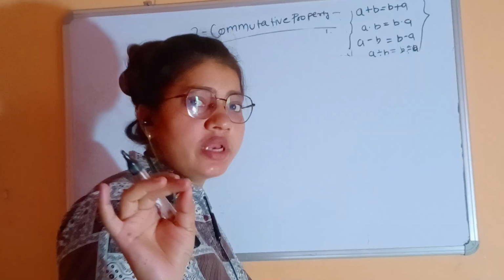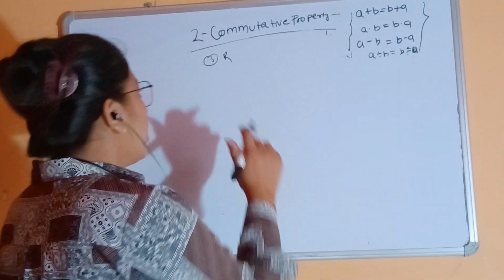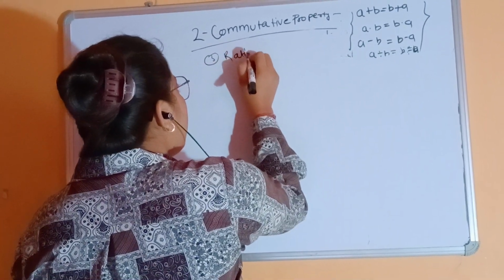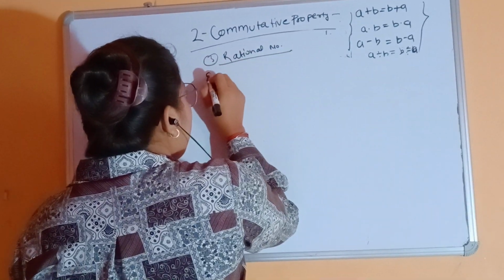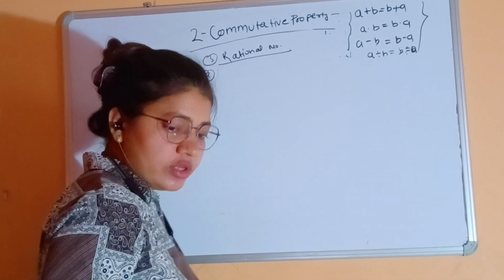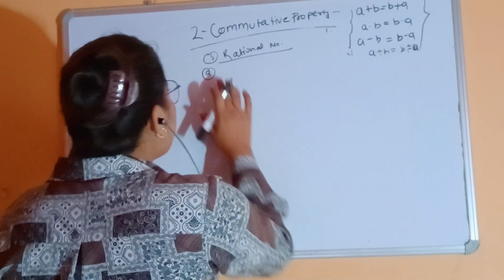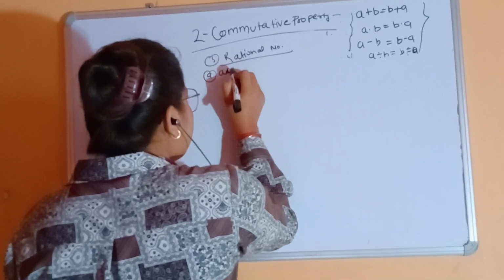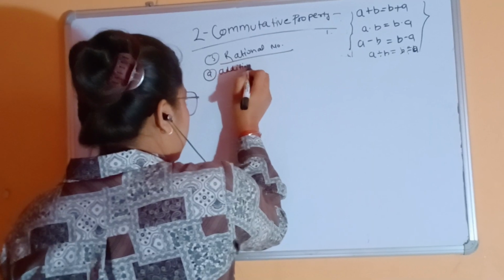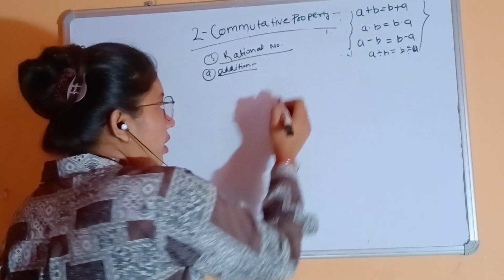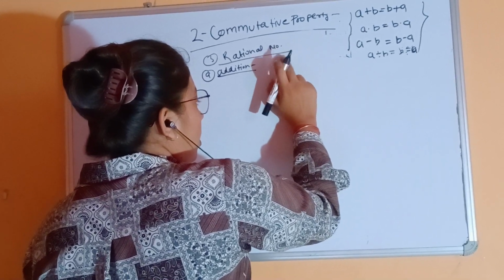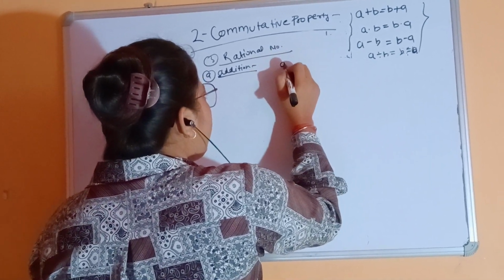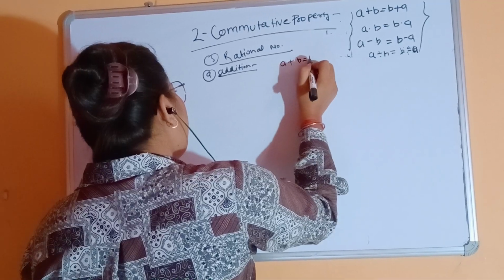A rational number is always in a by b form. We take the operation addition. In rational numbers, we put a plus b is equal to b plus a.